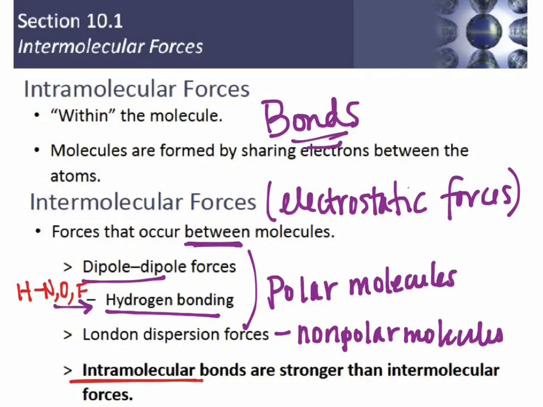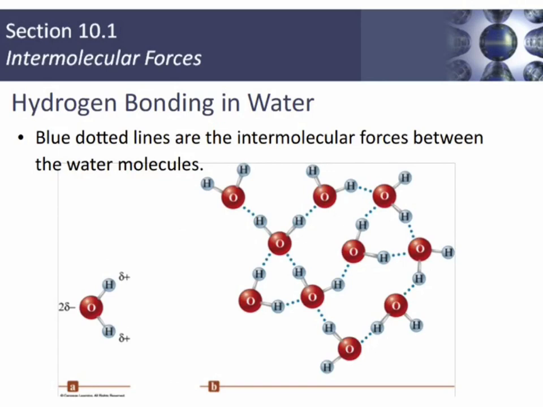So if we're going to look here, this is just an example. Here we have hydrogen bonding. And we know that our dipole moment is going towards the oxygen.